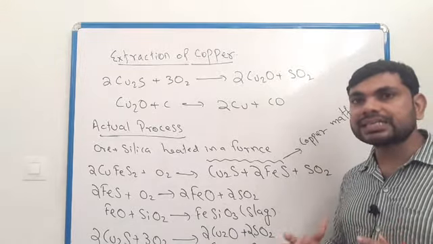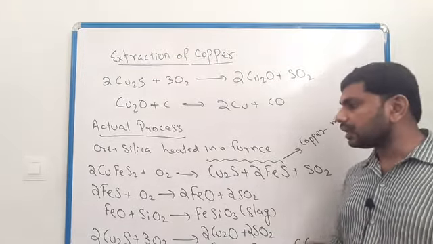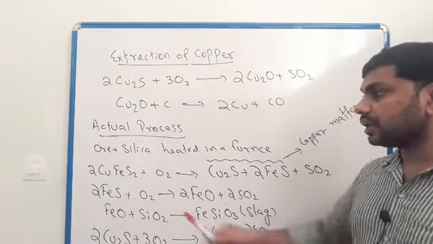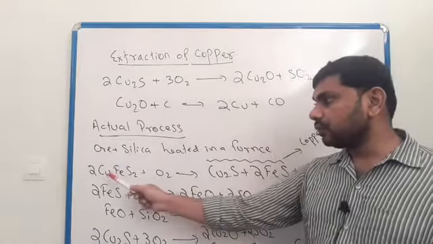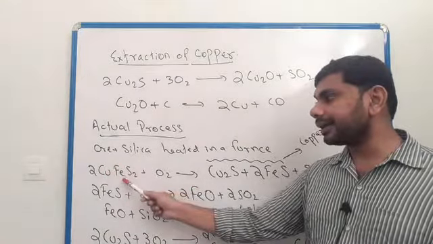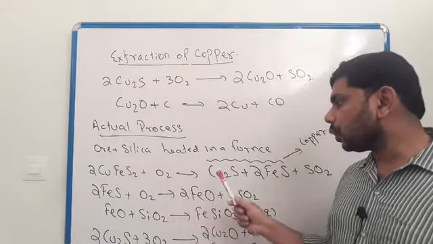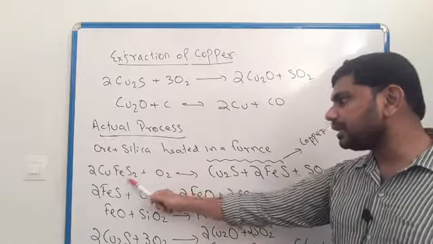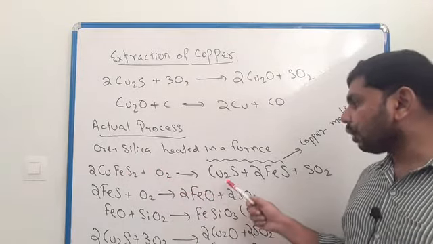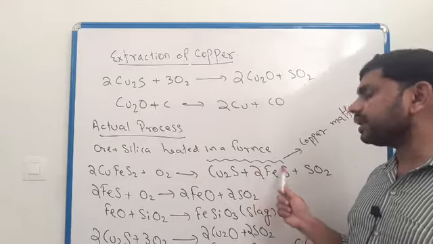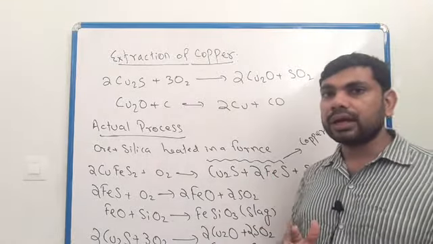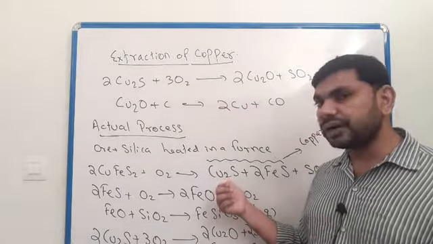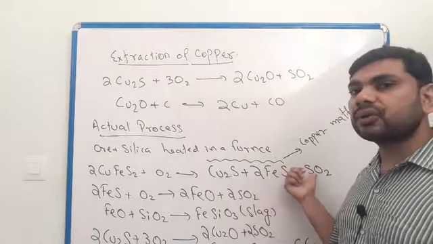Sulfur dioxide gas escapes outside. Copper pyrites on strong heating with oxygen gives copper sulfide, iron sulfide and sulfur dioxide.